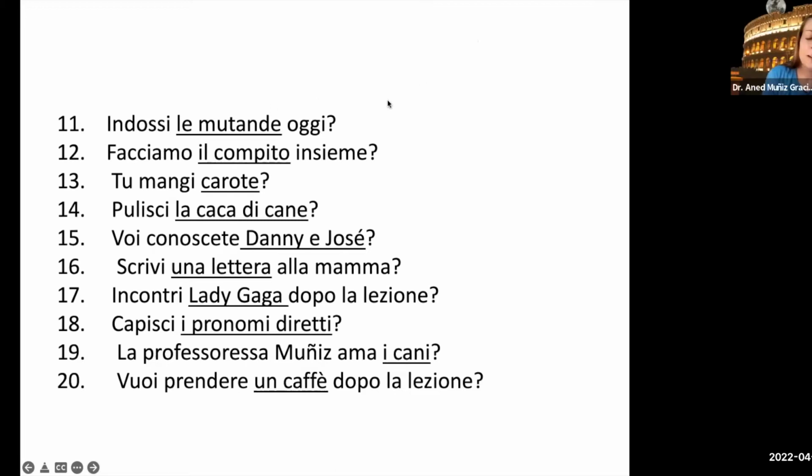This is direct object substitution, and normally we go over it in groups and ask each other questions and answer by not repeating the things that are underlined. The options here are just lo, la, li, or le. These are the only options that we need here.